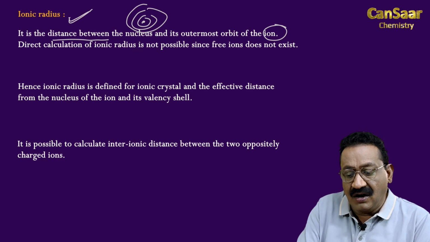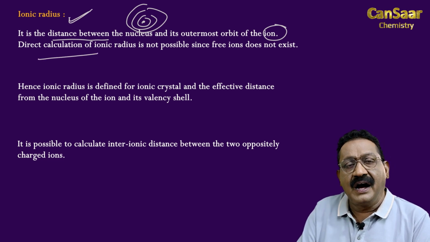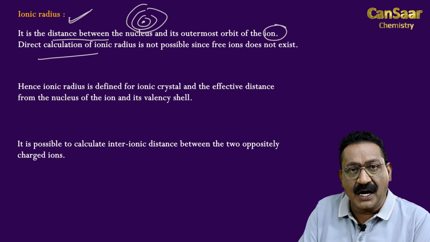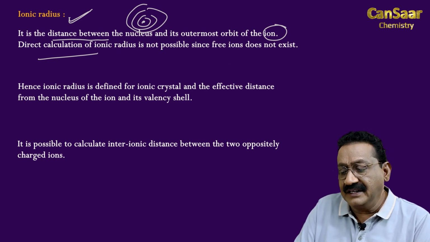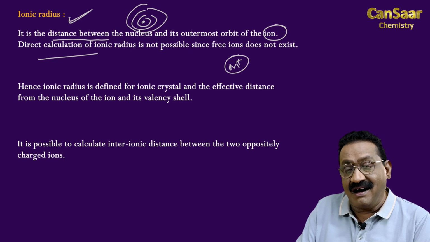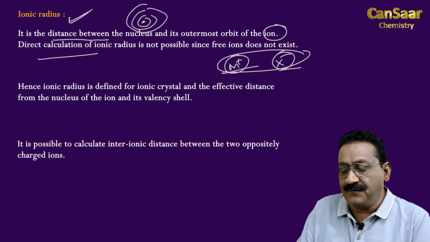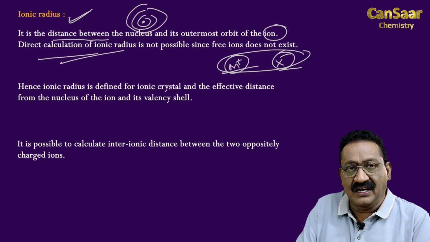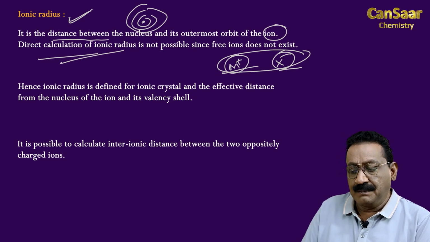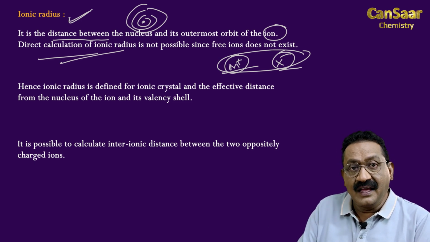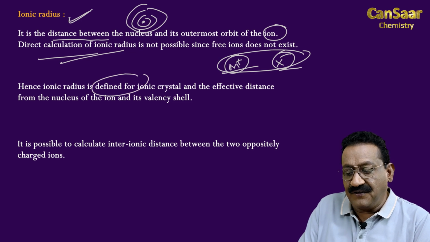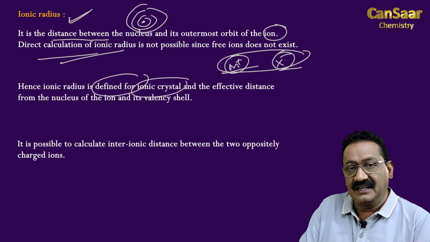Direct calculation of ionic radius is not possible since we cannot find an independent cation or independent anion, because they are held by strong Coulombic electrostatic force of attraction, no free ions. Hence, ionic radius is defined for ionic crystal.